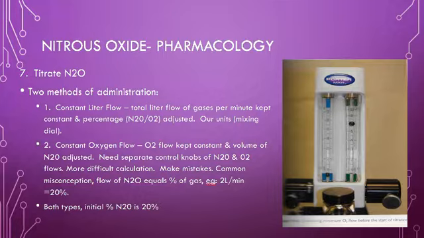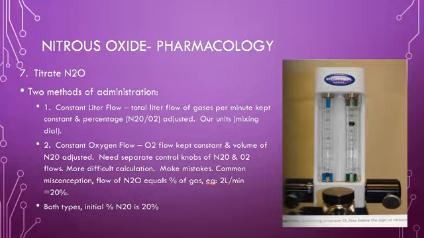Okay, this is where it's not done automatically, but you have to control everything separately. And this is really seen in a lot of those portable systems, which we don't have here. But at some point in your career, you will be using one of these portable systems. So it's really important for you to know that with these constant oxygen flow systems, you basically have to titrate the levels of each gas manually, because the equipment's not going to do it on its own.